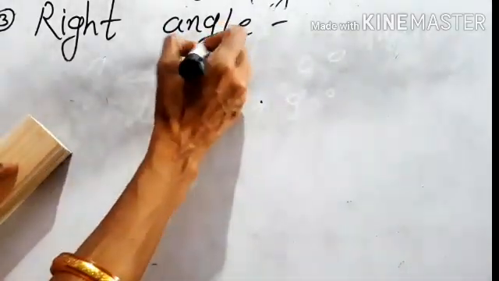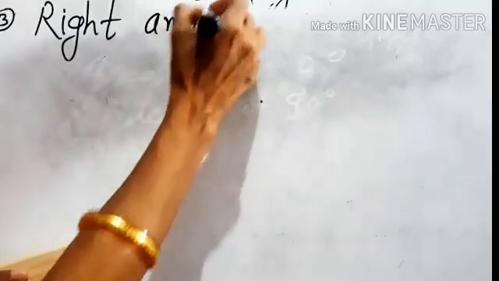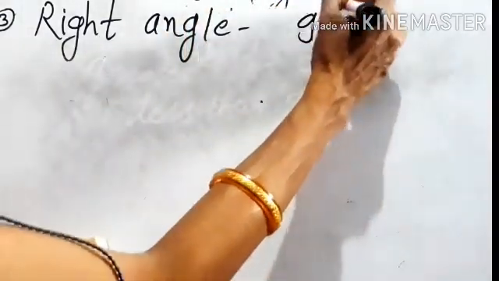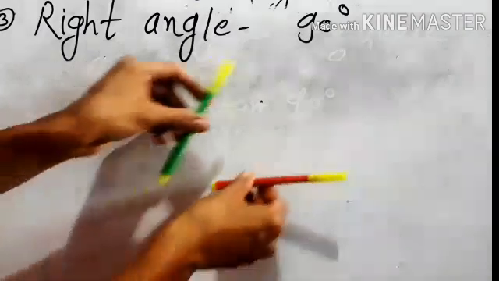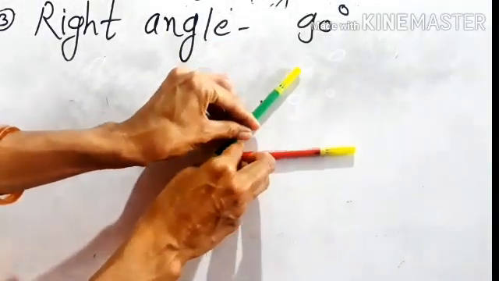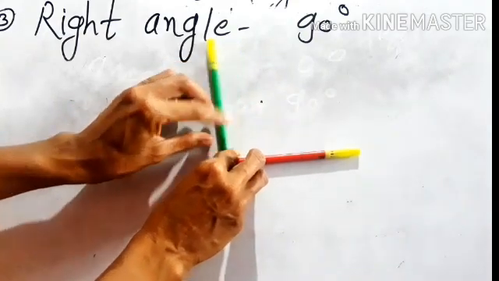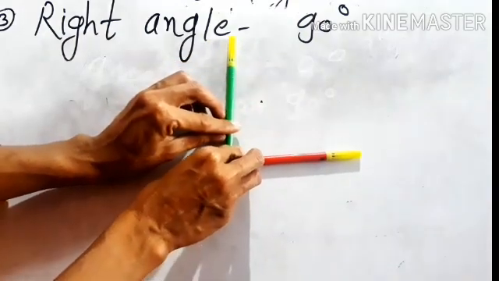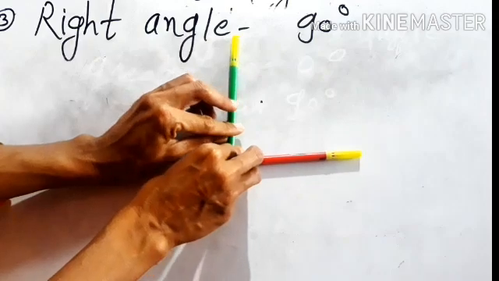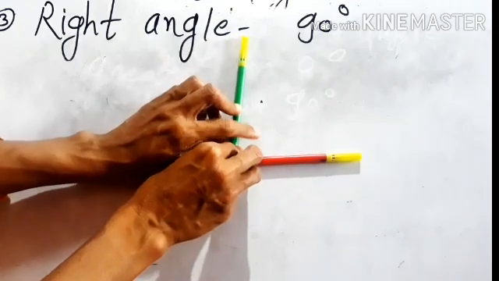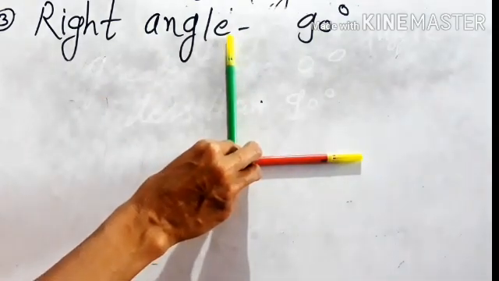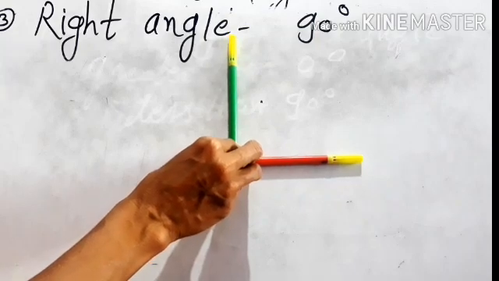So an angle which measures 90 degree is called a right angle. Here this type of angle is acute. Now if I go in this direction, it forms a straight line. That means between these two, this angle is 90 degree. So this is called a right angle.